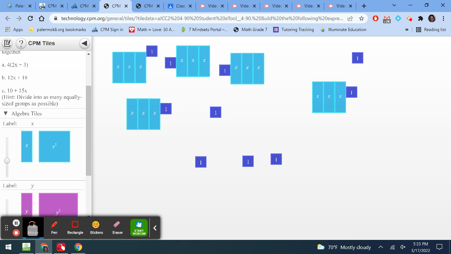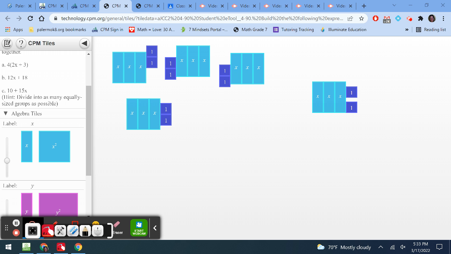So let's see if we can make the unit tiles work in this. So I'm just going to start plugging them in. So we had 1, so let's try with 2. And it works. So what we're going to do now is write this expression. Excuse me, not an equation, this expression. So in this one, how many groups do we have?